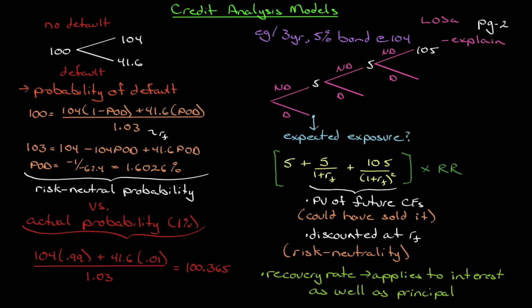All right, on this screen, I want to solve two little puzzles. The first one is, why are we using risk-neutral probabilities of default as opposed to the actual probability of default for a particular class of bonds or for a particular bond itself? And the second one is, when we're calculating our expected exposure, why are we discounting any future cash flows at a risk-free rate?